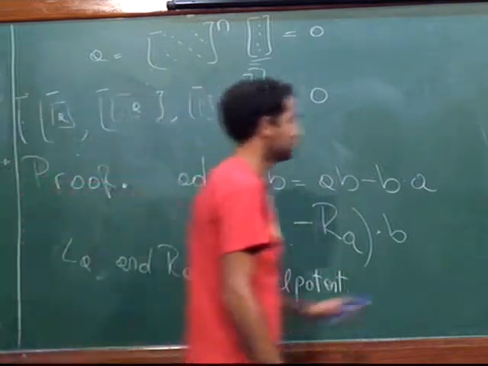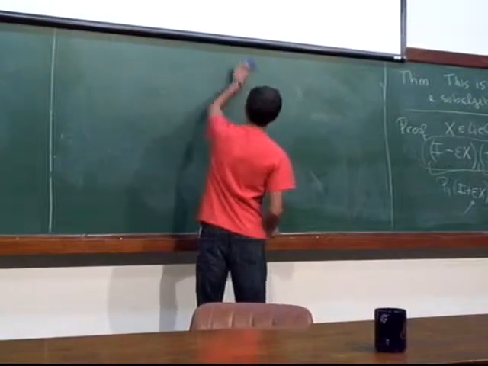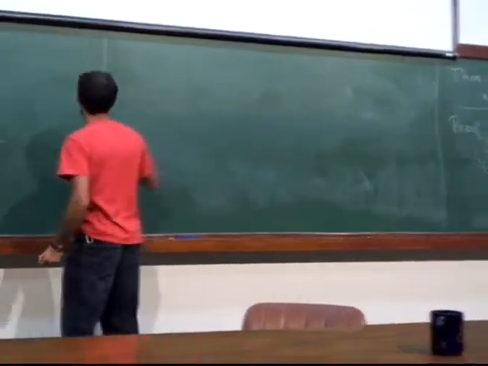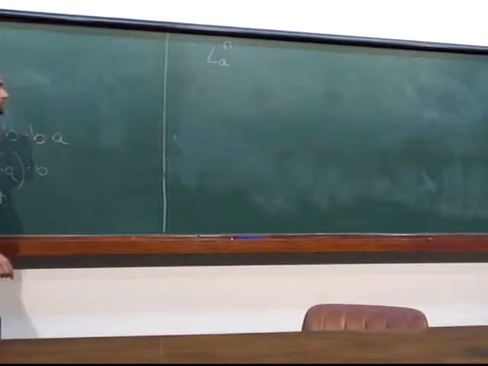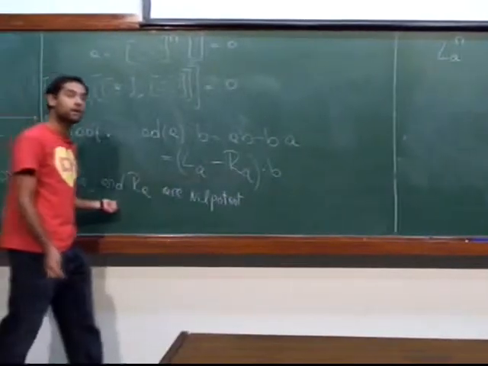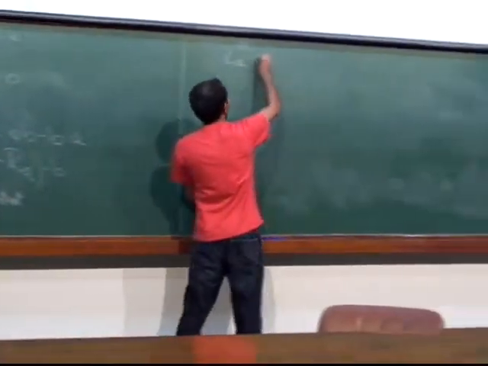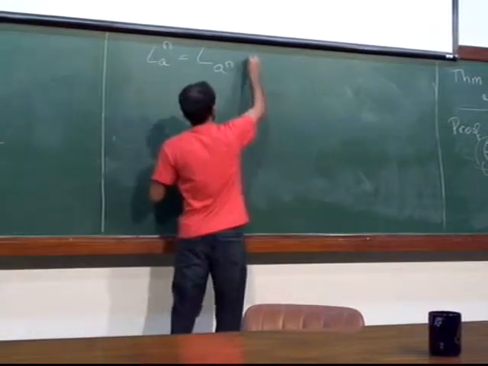Indeed, because LA to the n is just the operation of multiplying on the left n times by A. So this is the same thing as left multiplication by A to the n, which is the same thing as left multiplication by 0, which is just 0.